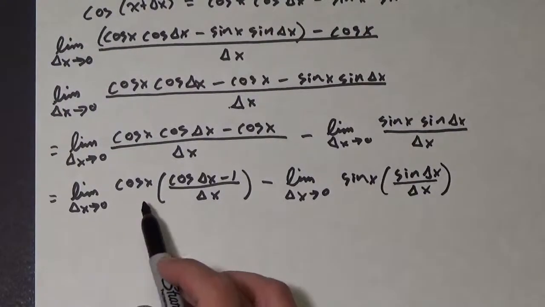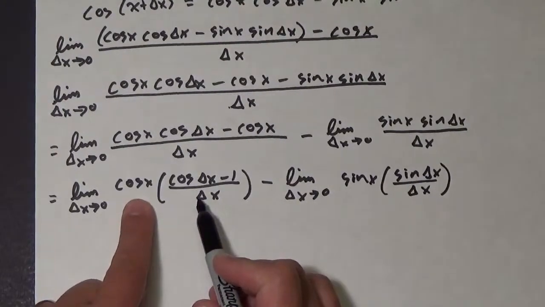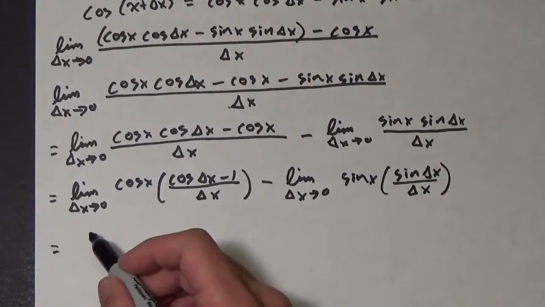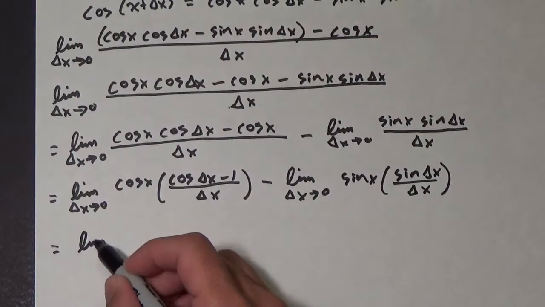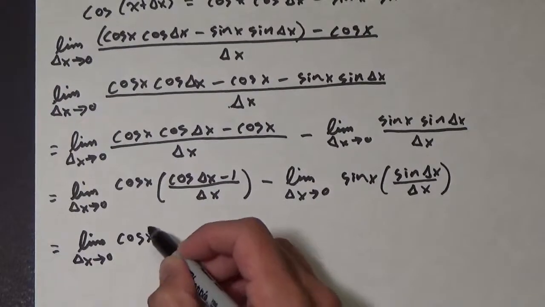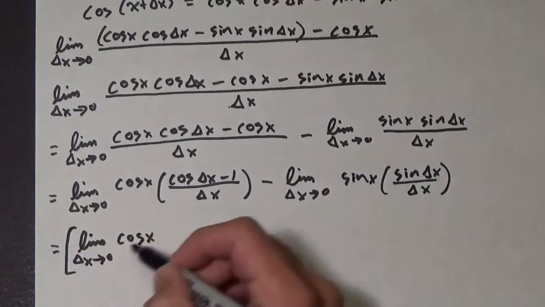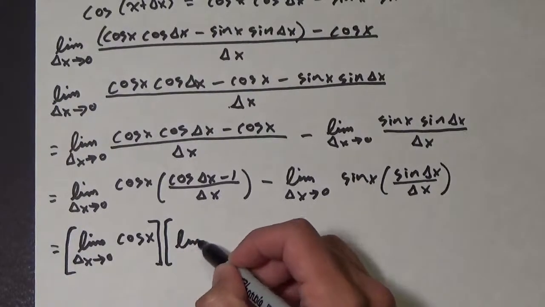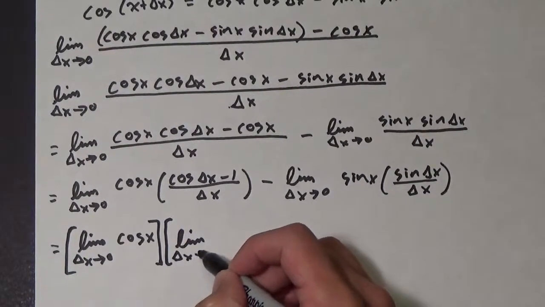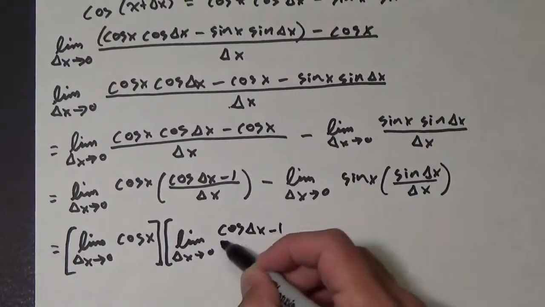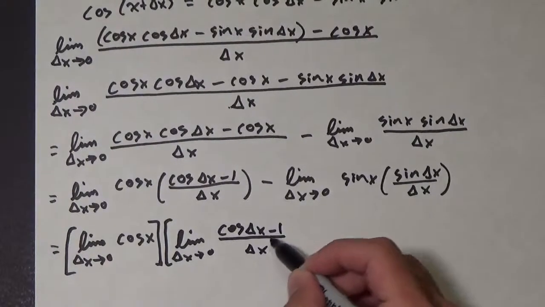the next thing we're going to do is take this product inside the limit and make it the product of two limits. Same thing over here. So we're going to end up with the limit as delta x approaches 0 of the cosine of x, and then we're going to multiply that by the limit as delta x approaches 0 of the cosine of delta x minus 1 all over delta x.